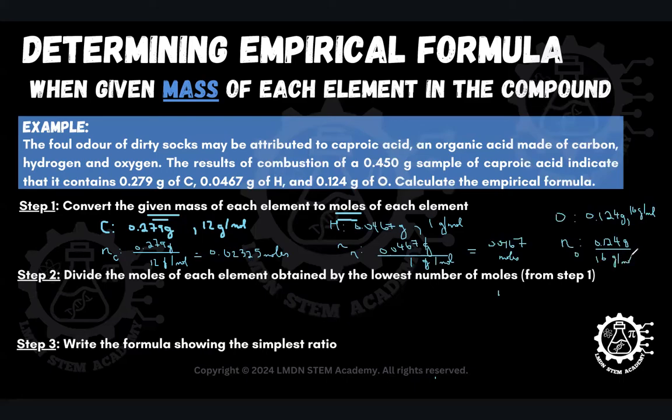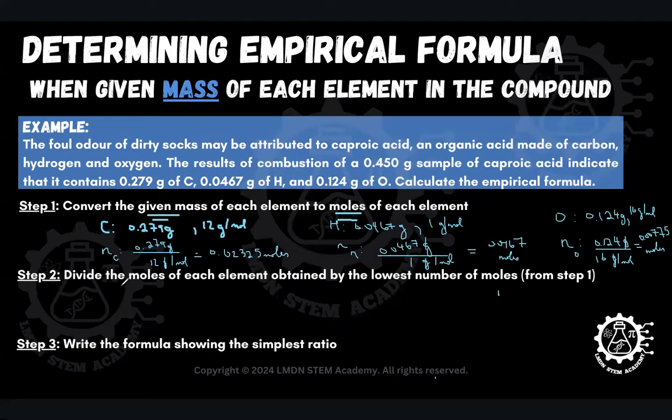As usual, the grams go away and we are left with the moles, which is 0.00775 moles. All right, so we're done with step one. We've successfully converted all our masses to moles.